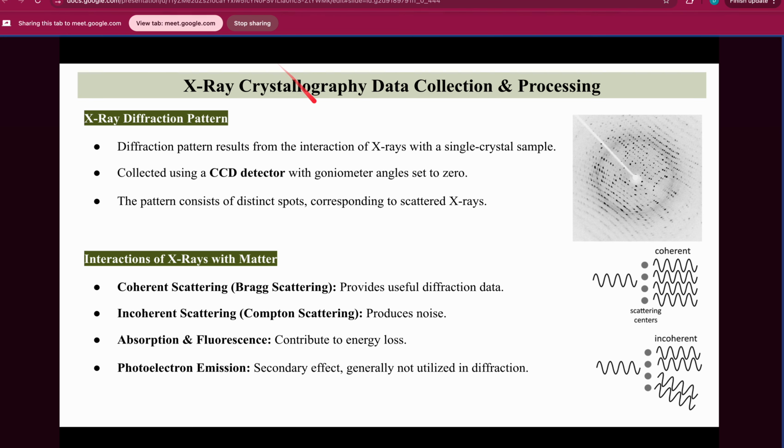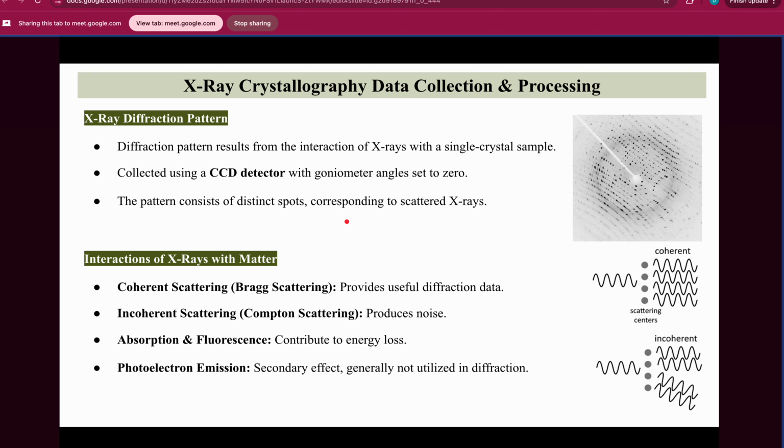Okay, thank you. So now we will start with what is the X-ray diffraction pattern and how it interacts with matter. So the diffraction pattern results from the interaction of X-rays with a single crystal sample. So there is a single crystal which is mounted over the goniometer, and now X-rays are passing through it. So now these X-rays, after passing, generate some diffraction pattern which is collected using the CCD detectors with the goniometer angle set to 0.